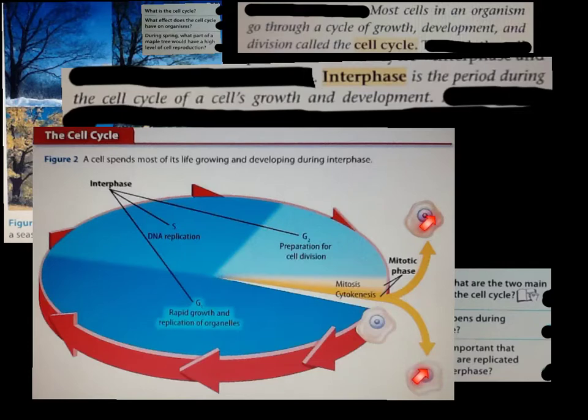Now, I know it sounds confusing because we've yet to talk about mitosis and cytokinesis, but this chart shows you interphase and how long a cell stays in interphase before it starts to produce a second cell identical to itself.